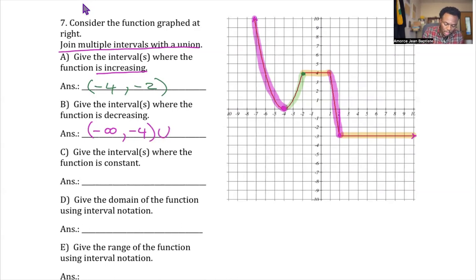Also it picks up again from 1 to 2. So that is the decreasing interval. And constant will be where it's constant, from negative 2 to 1, and picks up again at 2 to infinity.